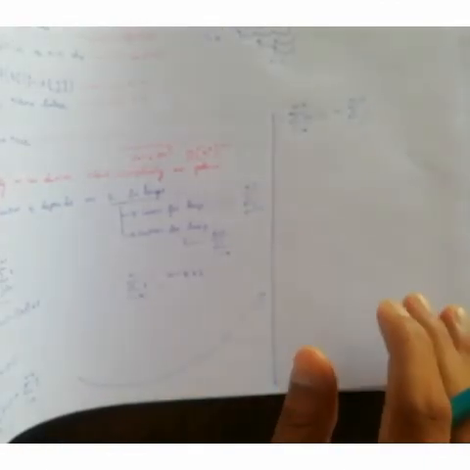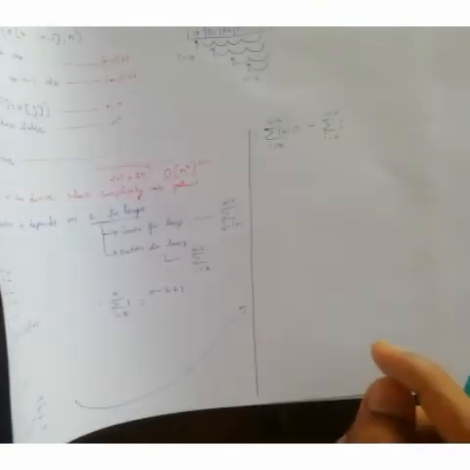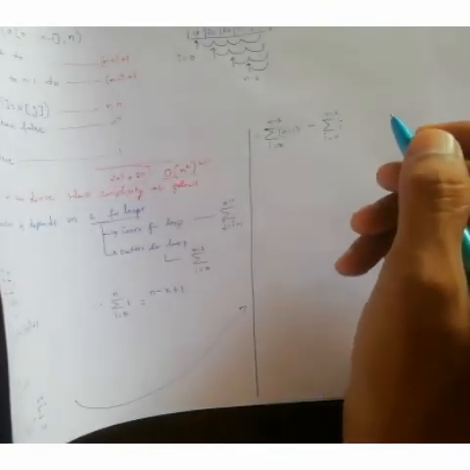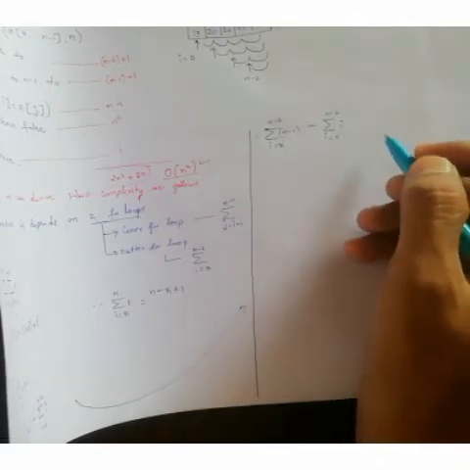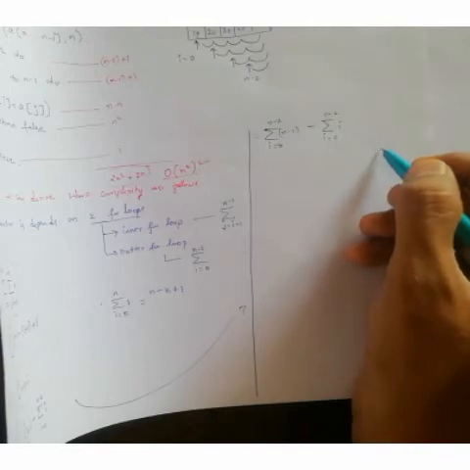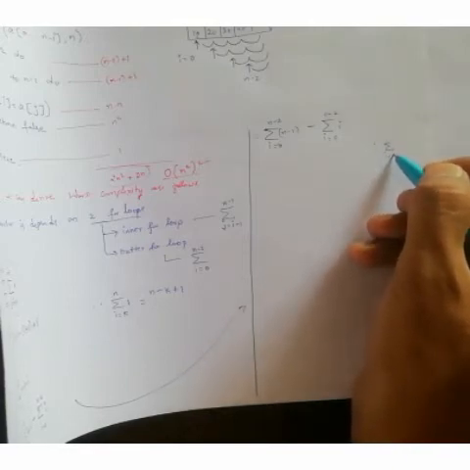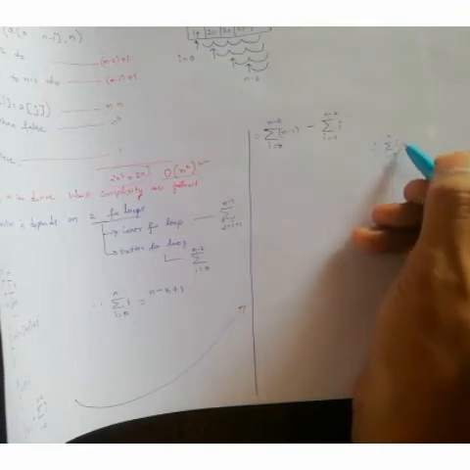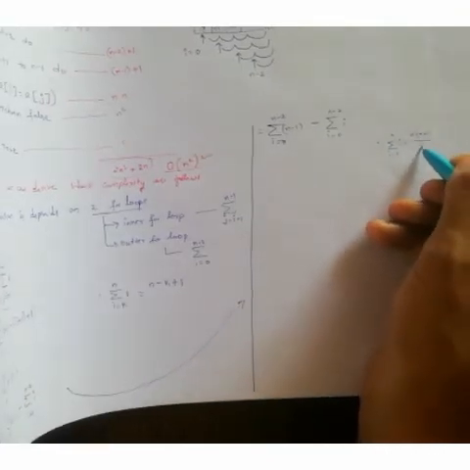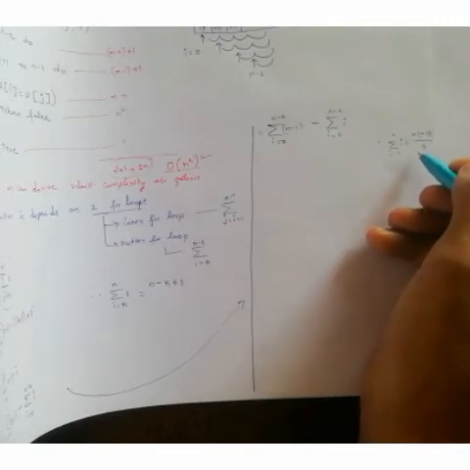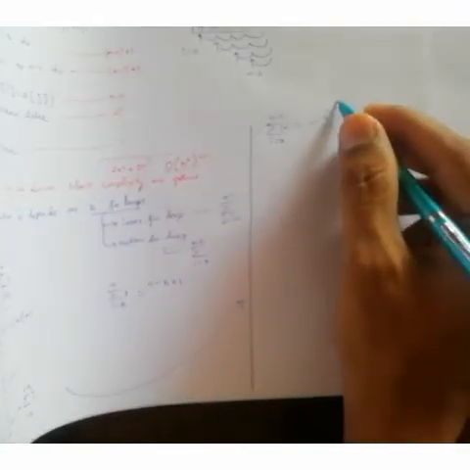So now, is it visible? Yes. Now we know one more formula, summation from I is equals to 1 to n of I, I can write n into n plus 1 divided by 2. So apply this for this.